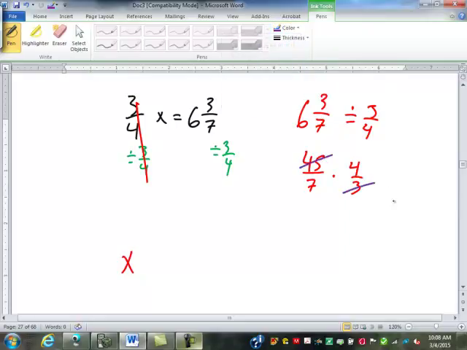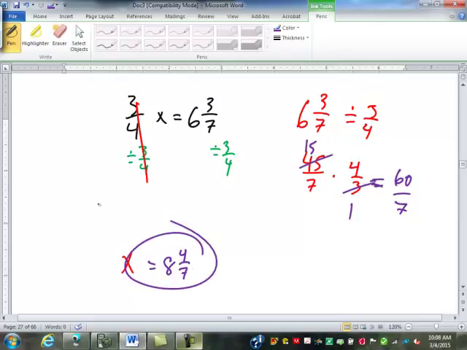Now the 45 and the 3 cross cancel, give me 1 and 15. 15 times 4 is 60. 7 times 1 is 7. 7 goes into 60 8 times with 4 left over. So 8 4/7, or 8.5714286 approximately.